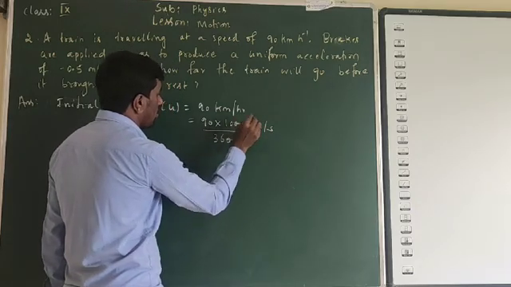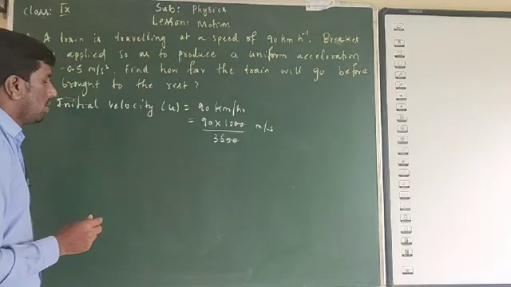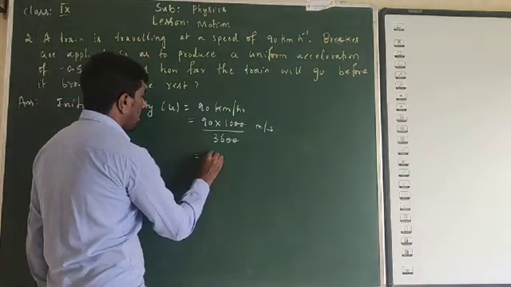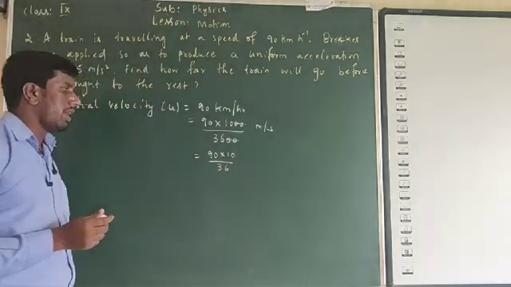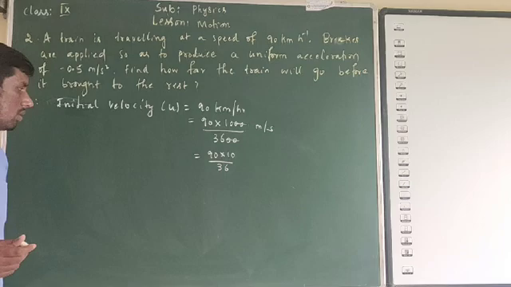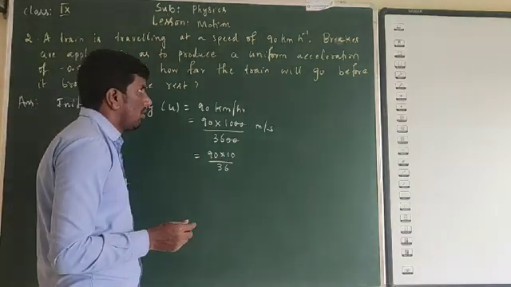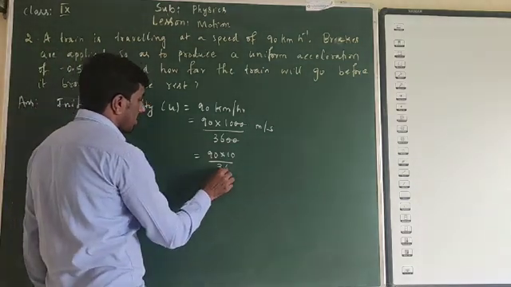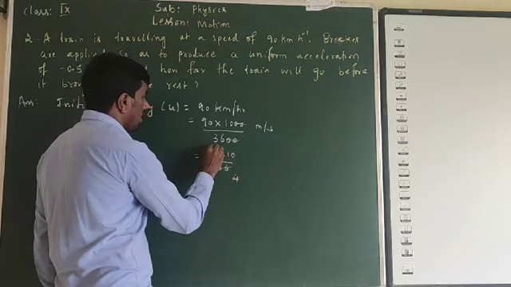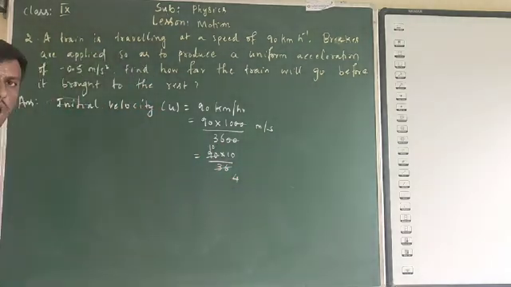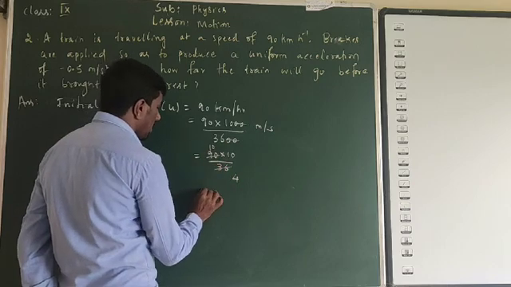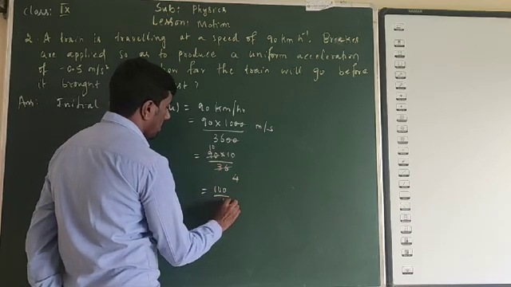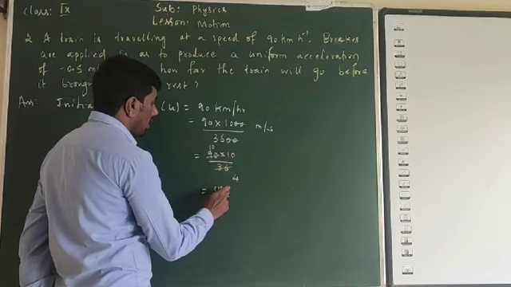So the two zeros in numerator and denominator will cancel. Okay, so if you cancel it, then what will be remaining? 90 into 10 divided by 36. So if you cancel it by 9, 9 4s are 36, then 9 10s are 90, then again 10 into 10 will become 100 divided by 4.